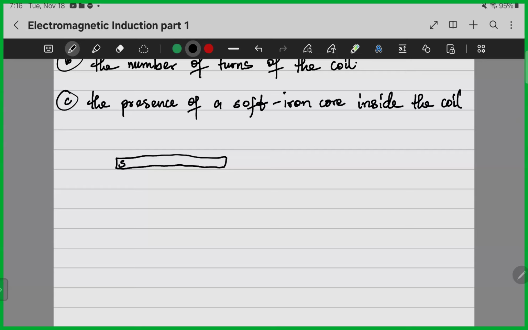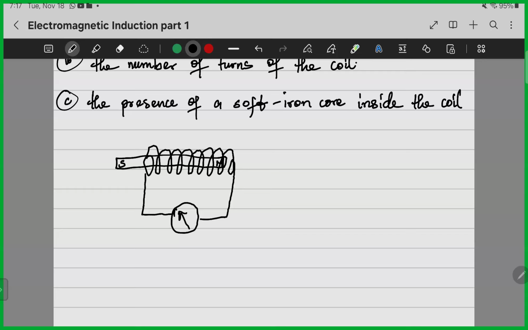I'm going to draw this one first, where I draw a magnet. This is the South Pole. This is the North Pole. This is the coil around it, and then it's connected to a wire where you have the galvanometer, and this is the direction the galvanometer is facing, telling you that current is flowing like this.